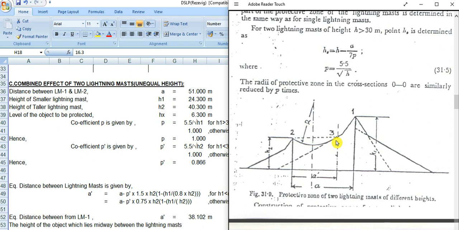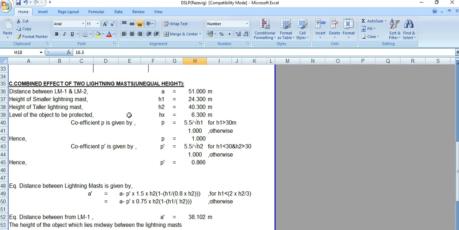In this video I will discuss with the help of this Excel spreadsheet. So this is the combined effect of two lightning masts of unequal length. LM1 and LM2 are two lightning masts, and the distance between them, denoted by small a, is 51 meter.